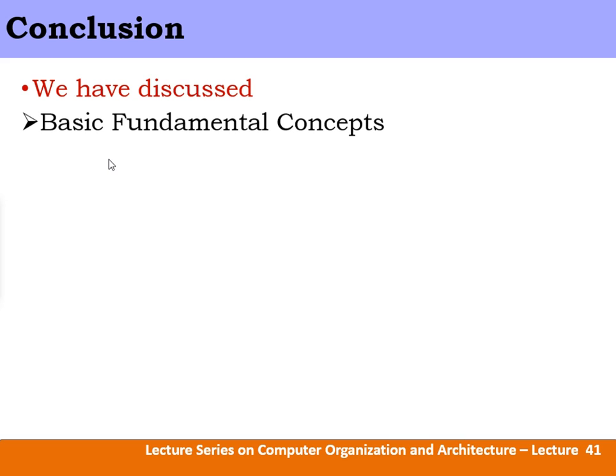The conclusion is, we have discussed the basic fundamental concepts. Under these, we discussed what a data path is. A data path is a collection of registers, internal bus and ALU. We also discussed the connectivity to the memory address register and memory data register, the role of the decoder and control logic, and the purpose of the internal processor bus.